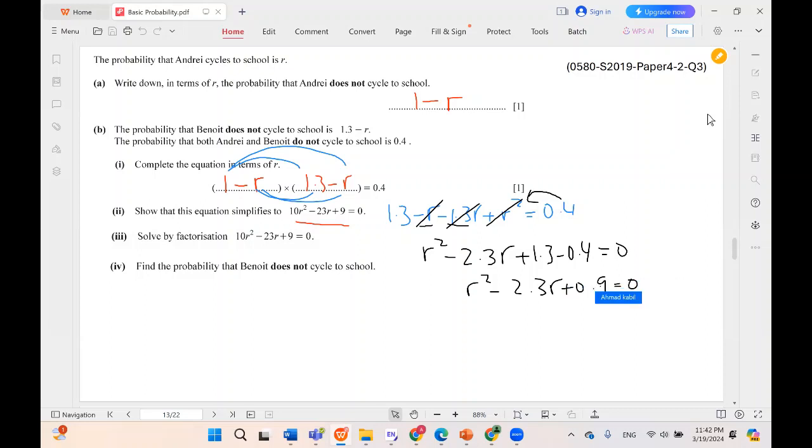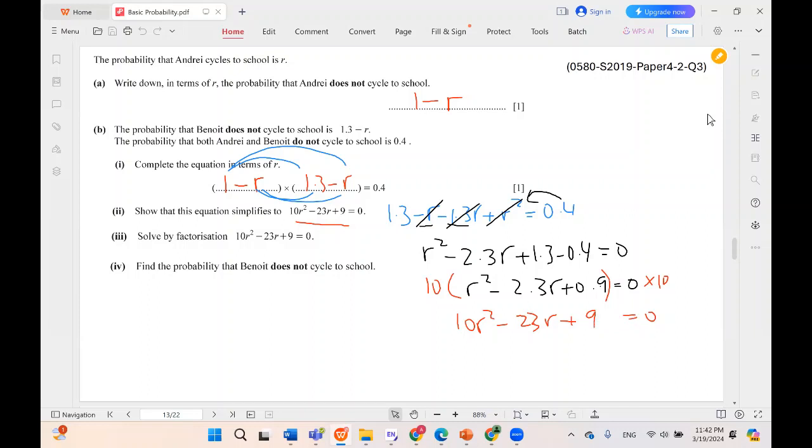And then we can multiply everything by 10. 0 times 10 is 0, so this does not change. On the left, we have 10R squared minus 23R plus 9 equals 0.